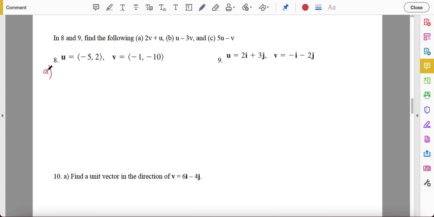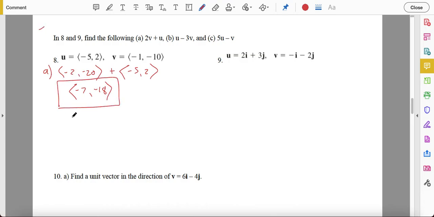So that would be -2, -20 actually, plus u, which is -5, 2. Remember, we just combine like terms for this. So -2 plus 5 is -7. -20 plus 2 is -18. So that is the first answer.